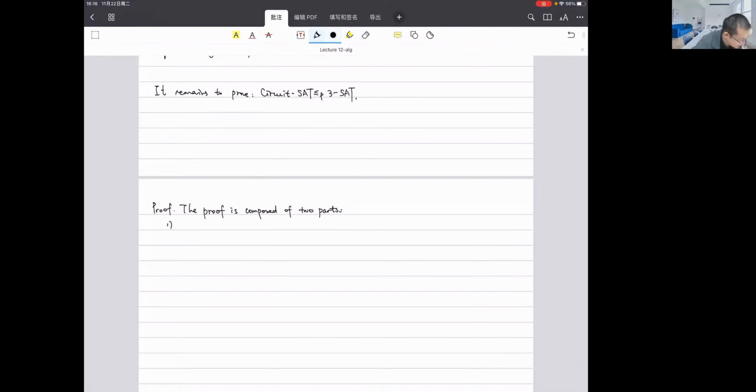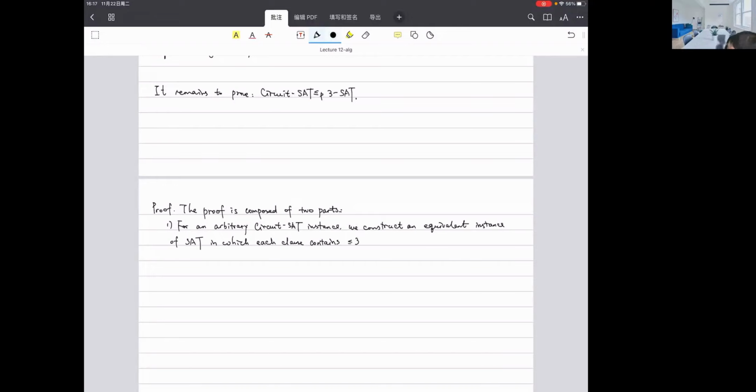So for the first part, we will prove that for an arbitrary circuit set instance, we can construct an equivalent instance of SAT in which each clause contains at most three variables.